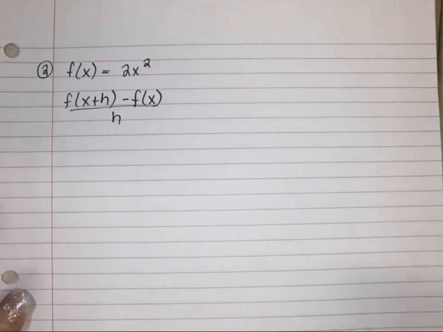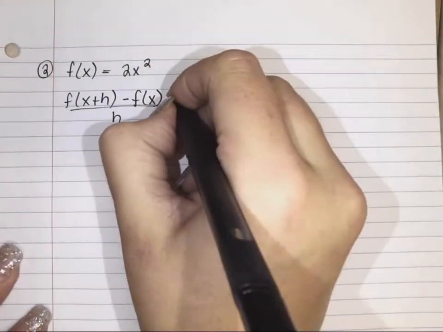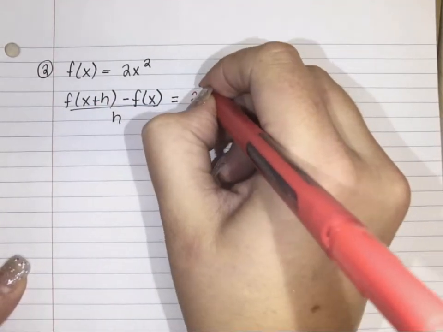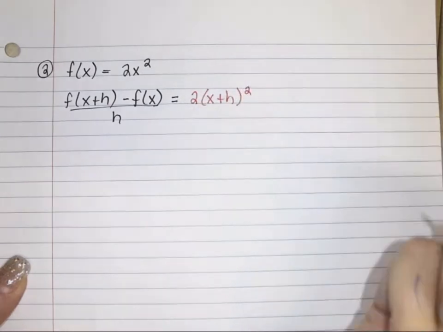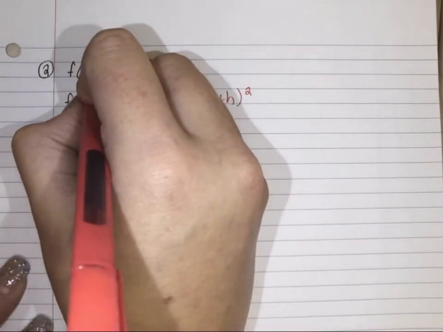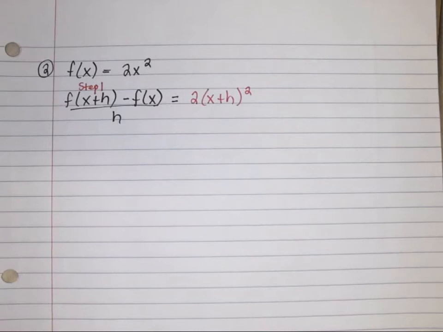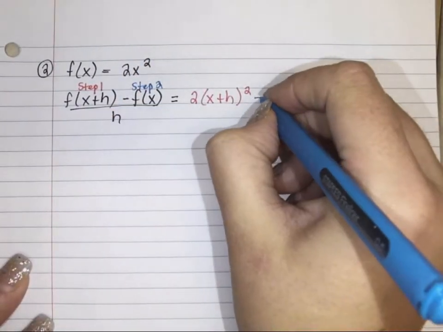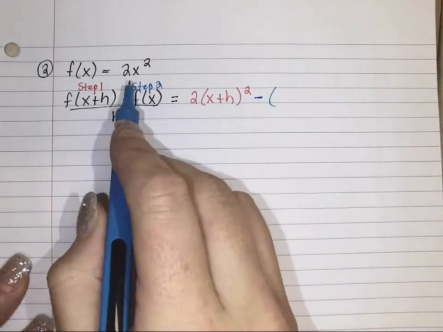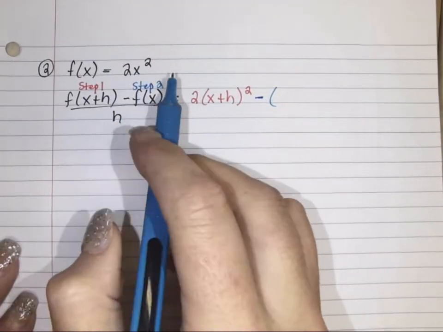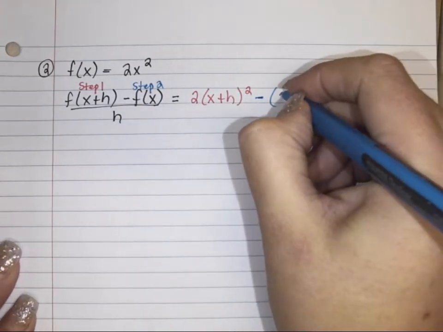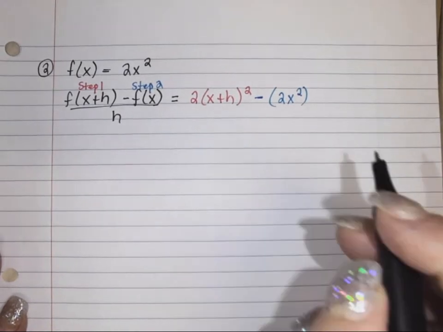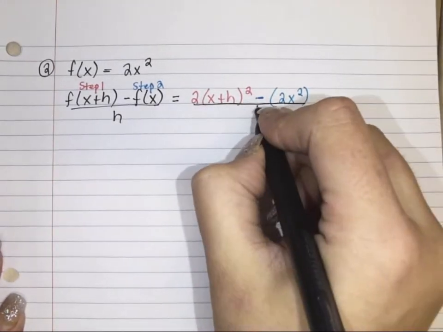Once again, step 1 is to take x plus h and plug it in everywhere you see a variable. So that was step 1. Step 2 is to write your original expression, which is 2x squared, after the minus sign. And then we're going to distribute or change the sign. And just bring over the lovely h that's hanging out on the bottom.